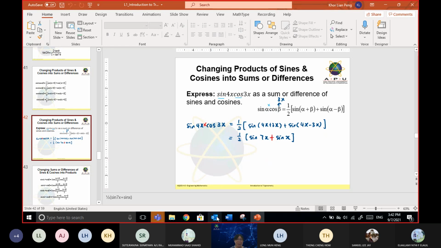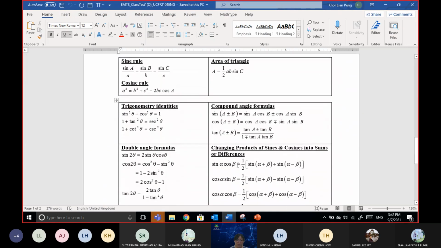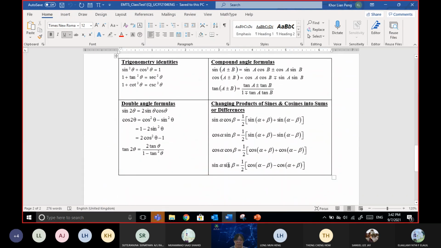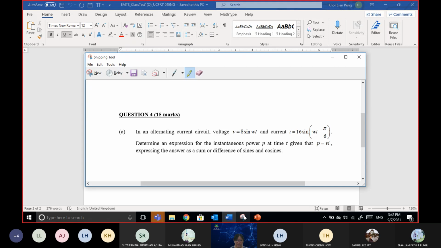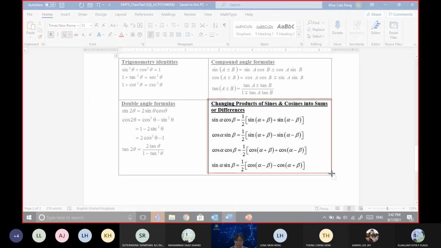Now, back to the question here. You need to write it as a difference of sines and cosines. And actually, I provide this formula as well. You can see it here. The formula is provided here.